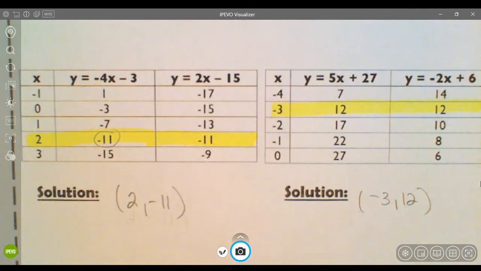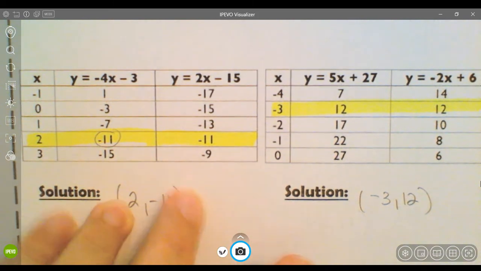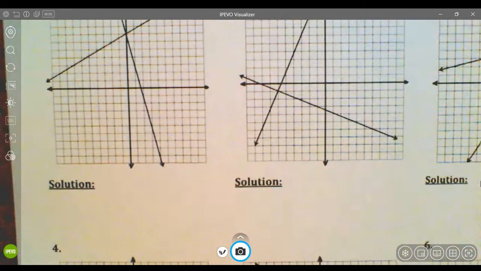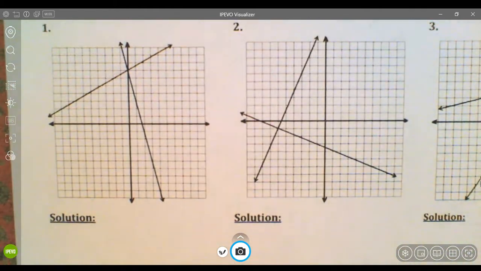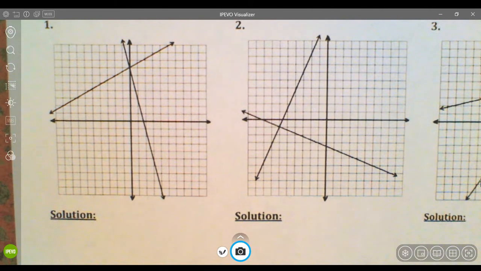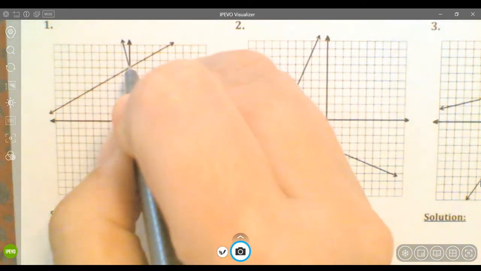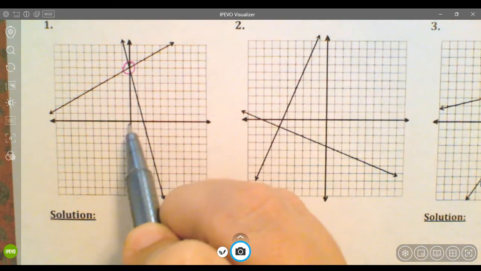And so just to show you the different variations of graphs and whatnot, let's look at a few, shall we? All right, so let's start with numbers 1 and 2. I want to know what my solutions are. So I look here. What is my common ordered pair?